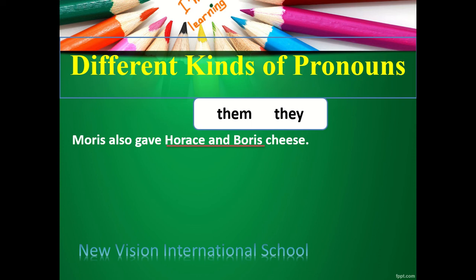Now let us check. Morris also gave them cheese. So our pronoun is the word them. Very good. So we use them to replace two nouns in this sentence. Did you understand? Great.